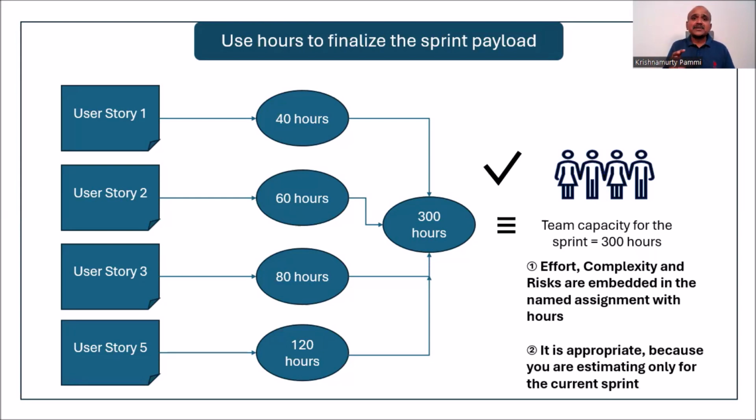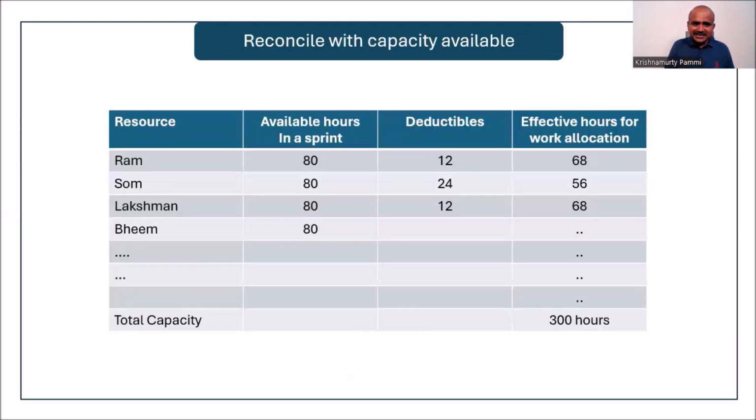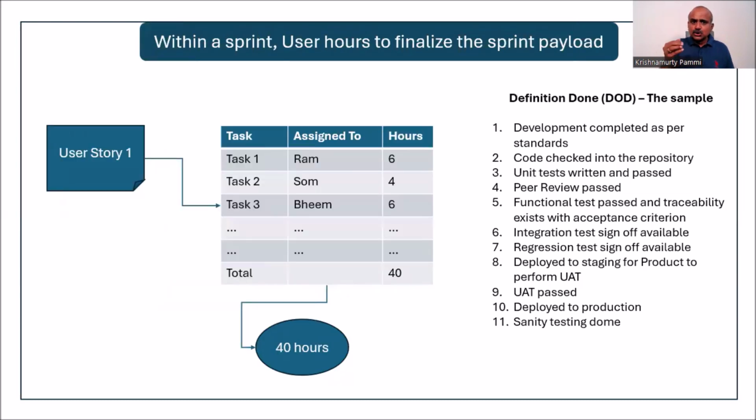Now, it may so happen that in a user story, you might encounter more complexity, because when you divide the user story into tasks, in real time, you might unfold a greater number of hours required. So deciding the sprint payload based on story points is wrong. And you can see whether I'm talking right or wrong.